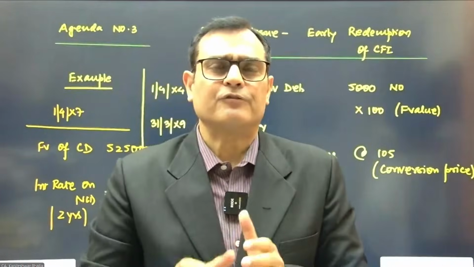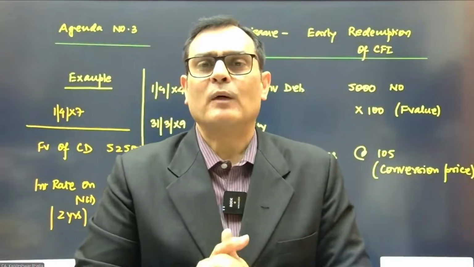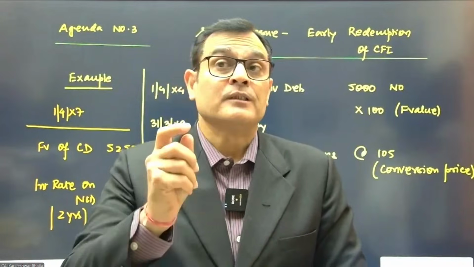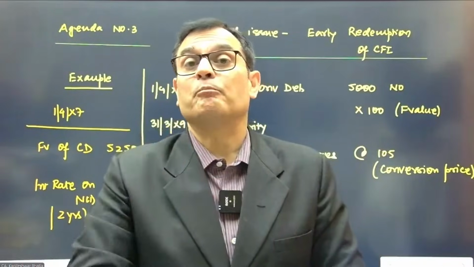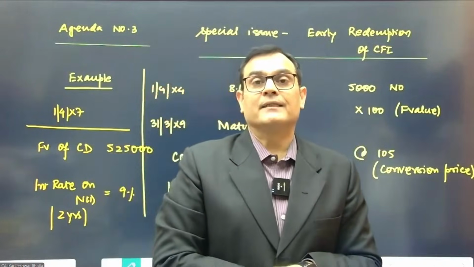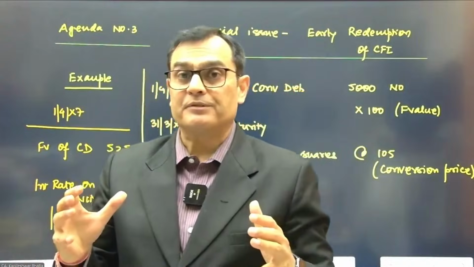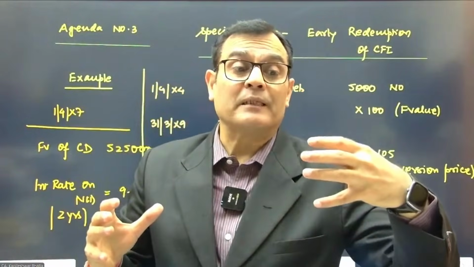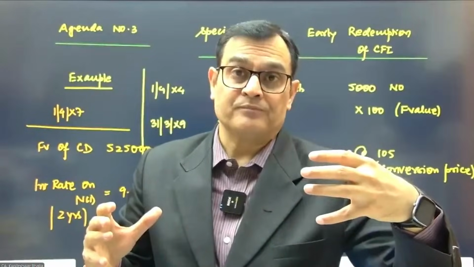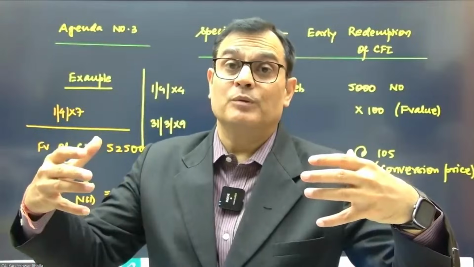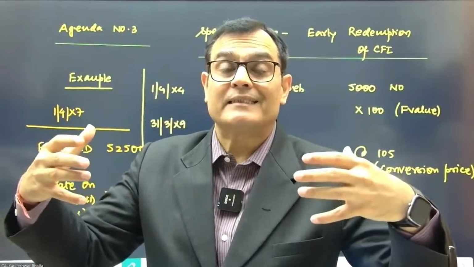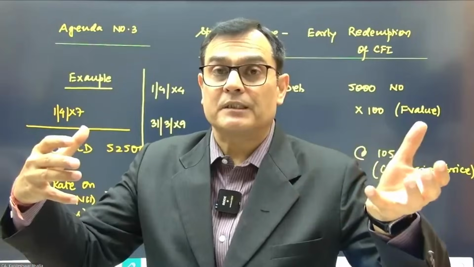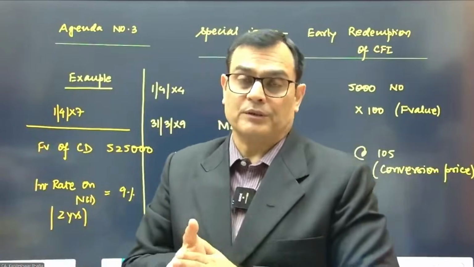When you study advanced financial management, AFM, you're also going to see that there is a concept of early redemption of bonds. In case of early redemption of bonds, the company has borrowed the money at a high rate of interest, and the prevailing coupon rate is much lower. So the company decides, let me redeem my existing bonds and go for a fresh issue of bonds.